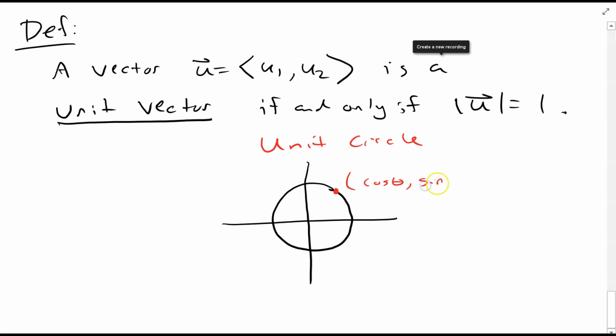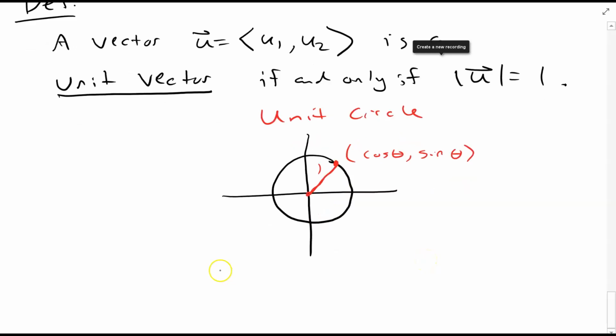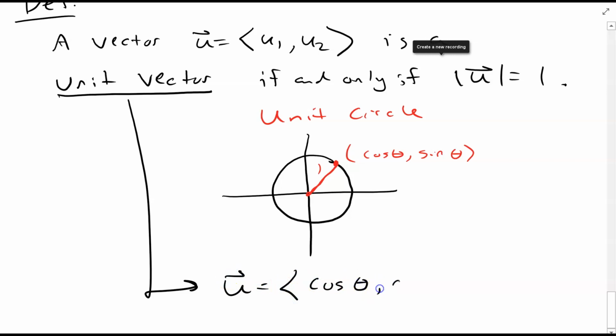Each point on that unit circle is defined as cosine theta, sine theta, right? What is the radius of this unit circle? 1. That's why we called it a unit circle. So these unit vectors are just going to be of the form cosine theta, comma sine theta.